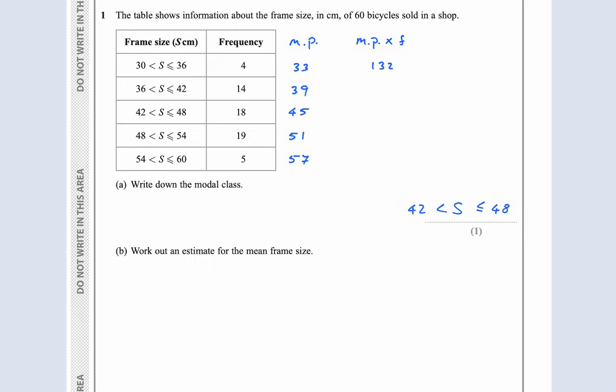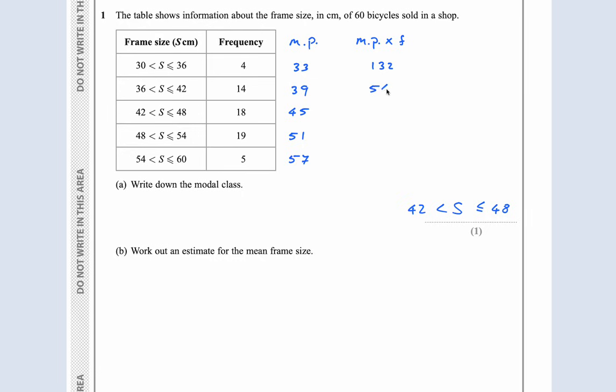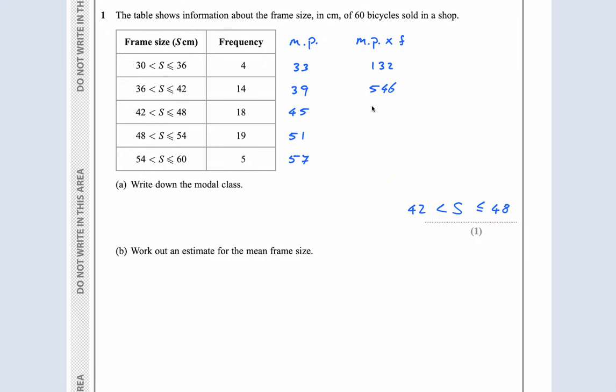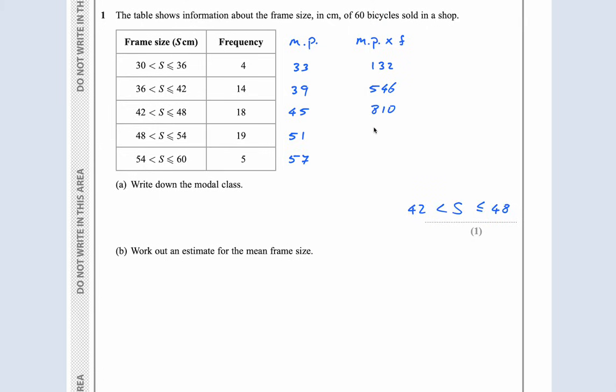Okay, I need my calculator for this, guys. 14 times 39 is 546. 18 times 45 is 810. 19 times 51 is 969, and 5 times this is 285.